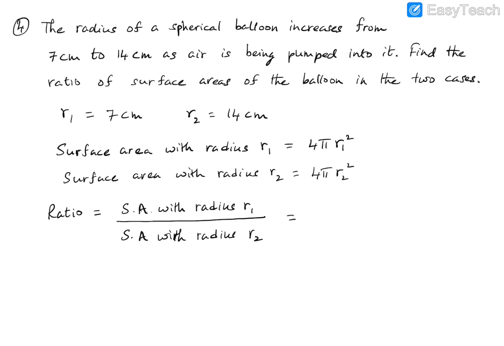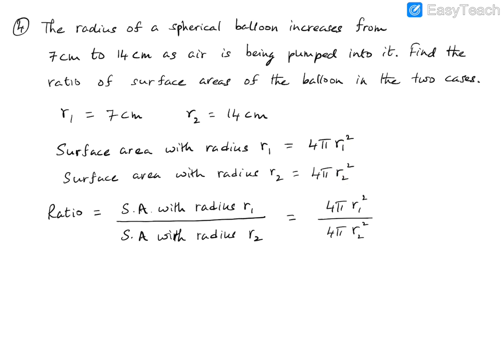So now we know the surface area formulas for each of them. So it will be 4 pi R1 square divided by 4 pi R2 square.